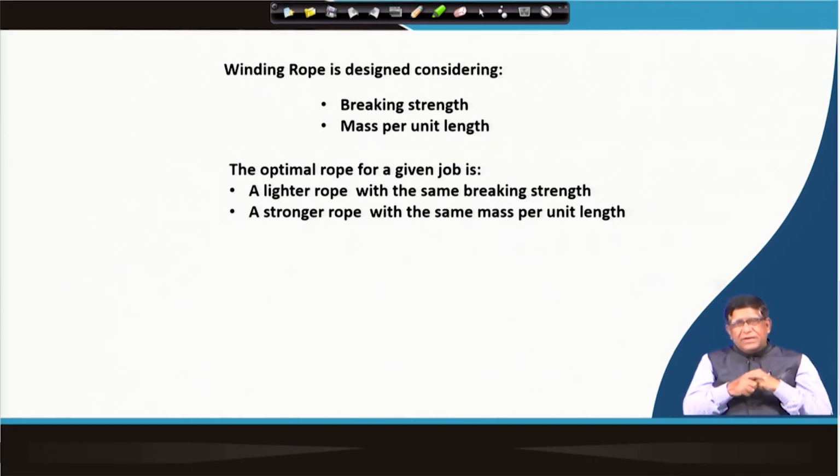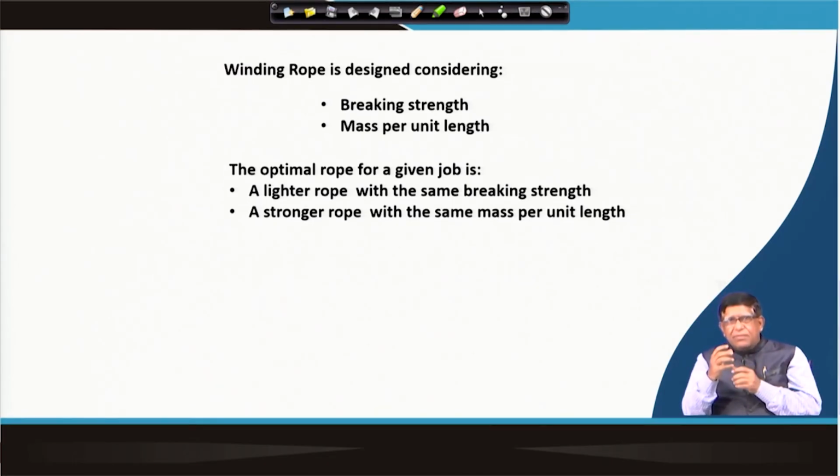So, that is a design choice of what type of rope will be used. Sometimes there is the turboplast rope, which has strands blended with plastics. These turboplast ropes are nowadays coming, by which you can reduce the mass per unit length but have the same strength, that is, a stronger rope with the same mass per unit length.